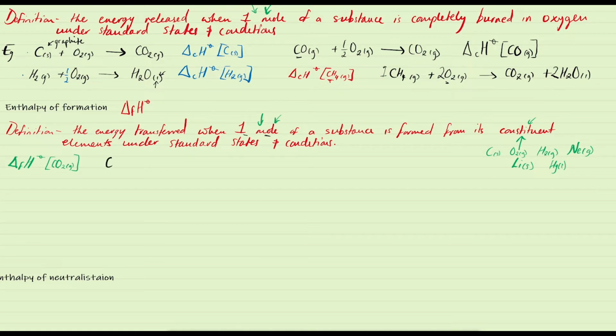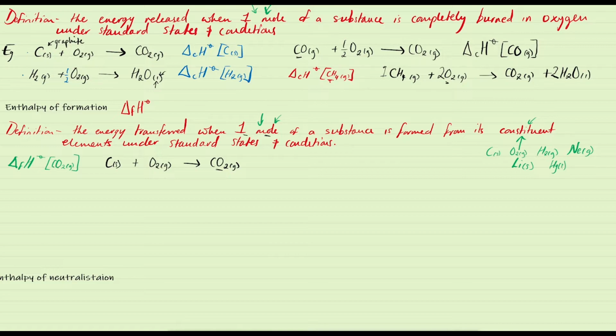Carbon's solid, singular, oxygen, diatomic gas, gives us carbon dioxide. And I want to try and keep this again at 1 mole because that's how it's represented in our definition. In this case, this is balanced, so I've got nothing to do here. Okay, nothing more to do, at least anyway.